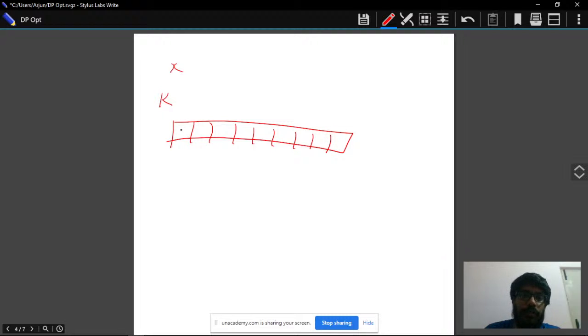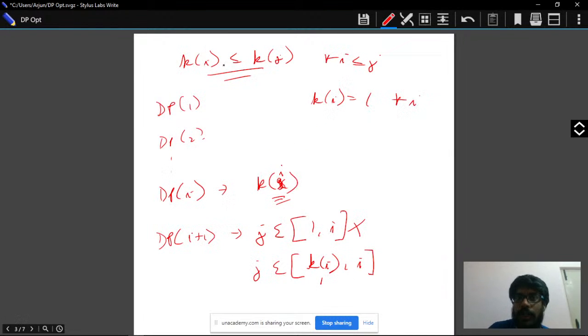So k of 1 is the place I should cut to get the maximum dp1. It's probably 0 or 1. Maybe it's 1. For dp of 2, maybe also it's 1. Maybe for dp of 3, it's 2. For dp of 4, maybe it's 2 again, or maybe 3. Now for dp of 5, can I cut at 2? Can the minimum be 2? No, right?